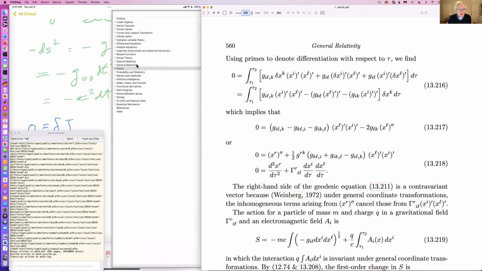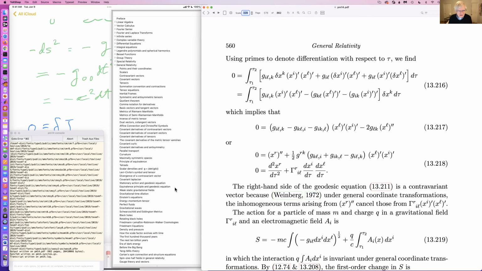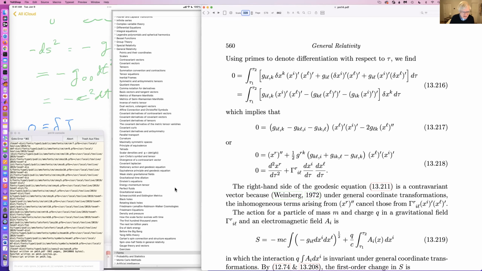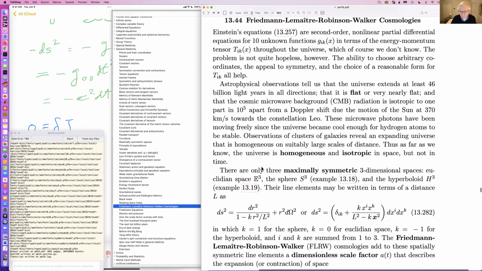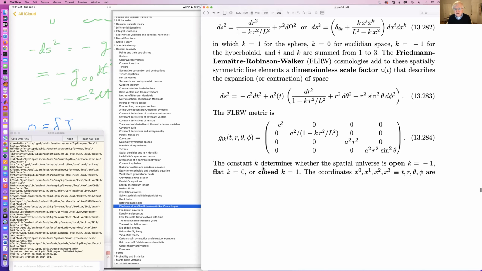An example of that is one that I worked out in a little more detail here, in the case of the standard cosmologies, where we assume that everything is as symmetrical as possible. So the space is maximally symmetric, and it's just expanding with time.